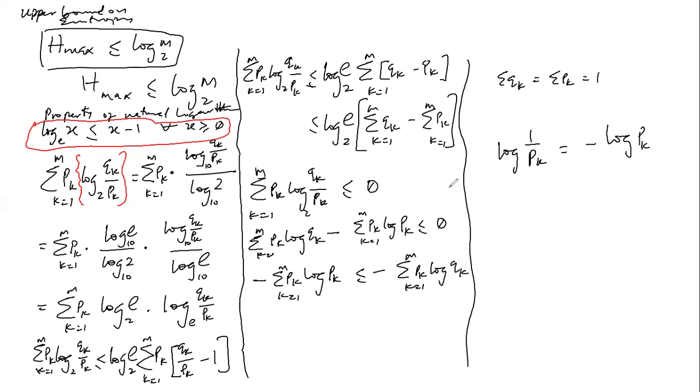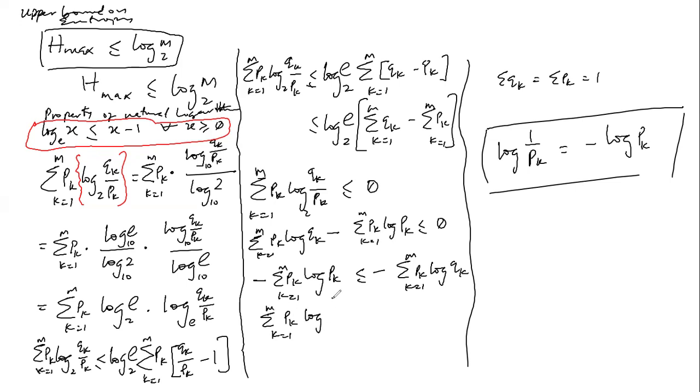Right? You recall this? Yes. Now, if you recall this, it means that the sum from k equal to 1 to m of p sub k log 1 over p sub k is less than or equal to the sum of p sub k log 1 over q sub k, for k equal to 1 to m.